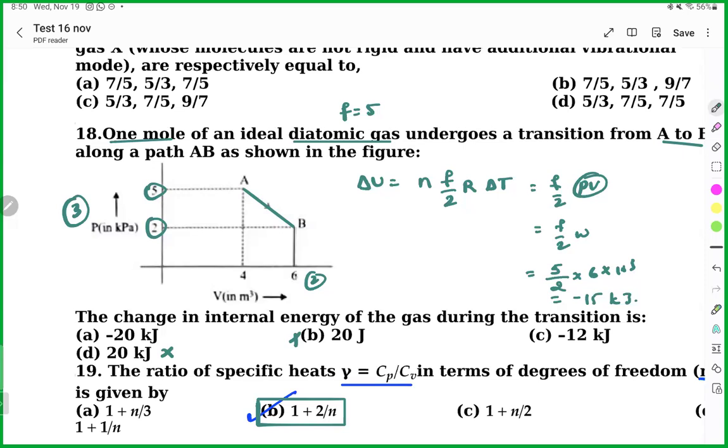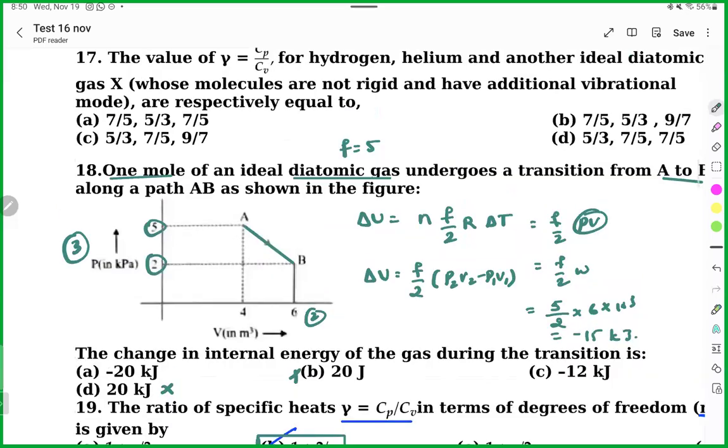Oh, sir, I have to write final like this, minus initial. Final minus initial. Correct. F by 2, instead of nRT, you will write P2 V2 minus P1 V1. Okay. P2 V2 minus P1 V1.